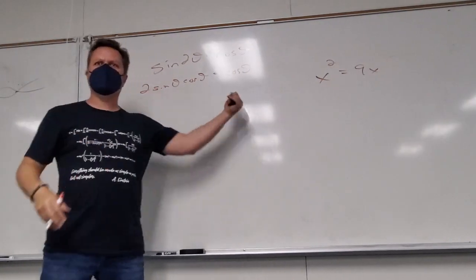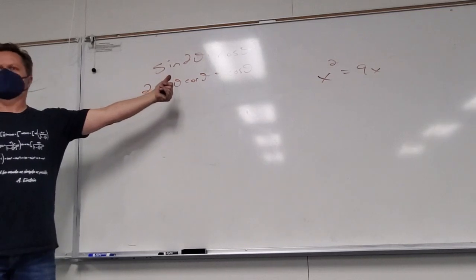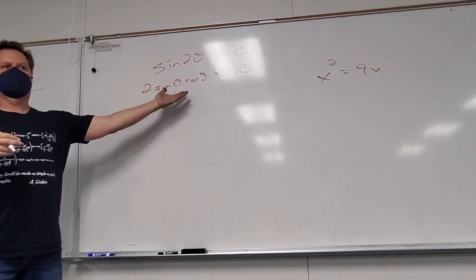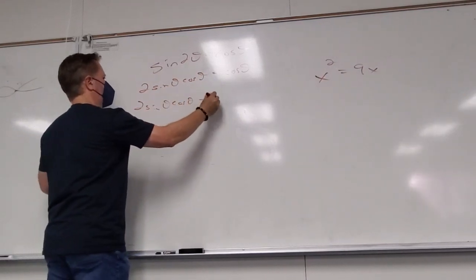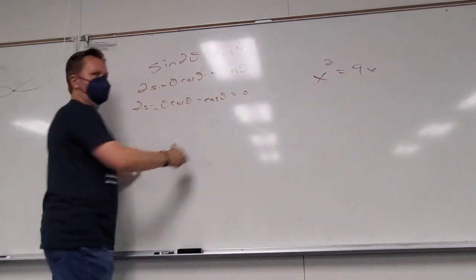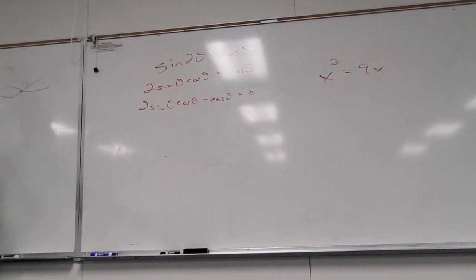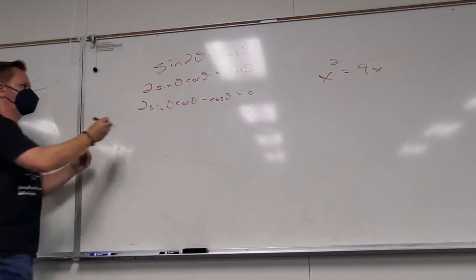Subtract and then factor. Okay. So subtract cosine: 2 sine theta cosine theta minus cosine theta equals 0, and then you just bring out a cosine.